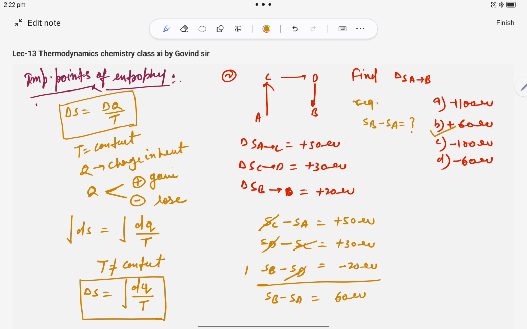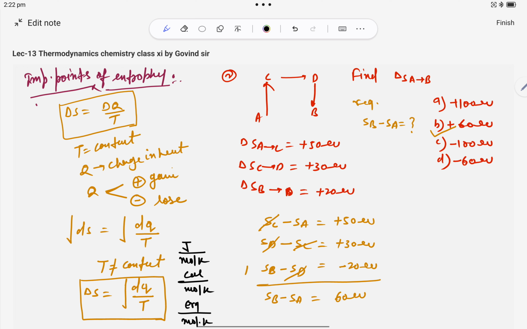Unit will be joule per mole Kelvin, or calorie per mole Kelvin, or erg per mole Kelvin.